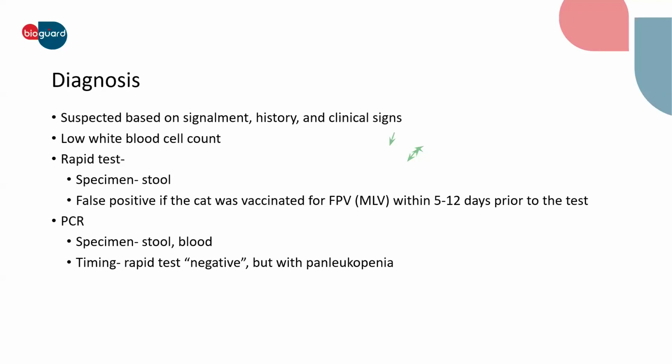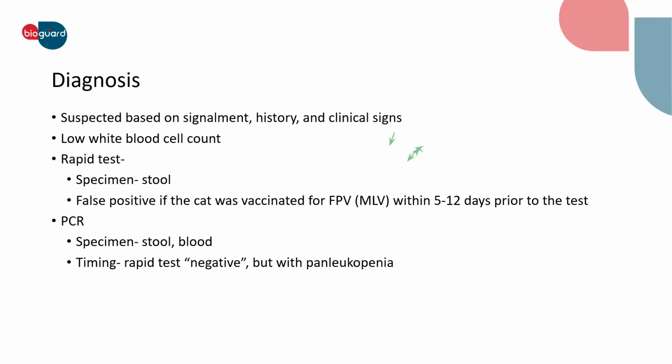If a dog has a CPV infection, when it comes to the clinic most vets can very soon recognize the possibility of CPV or FPV infection, just based on the signalment, history and clinical signs. Also, for the cat with CPV or FPV infection, the CBC may show a low white blood cell count.